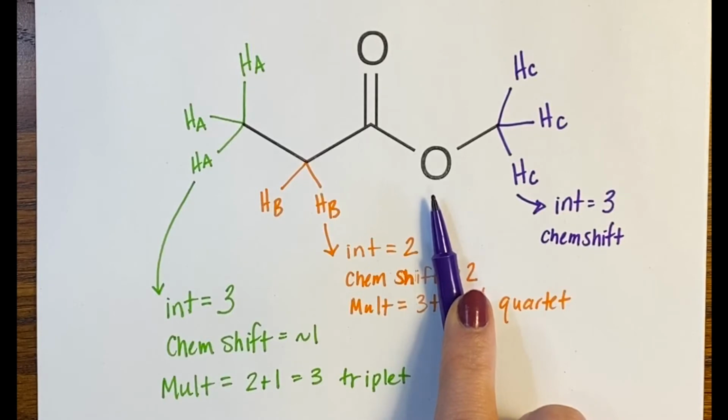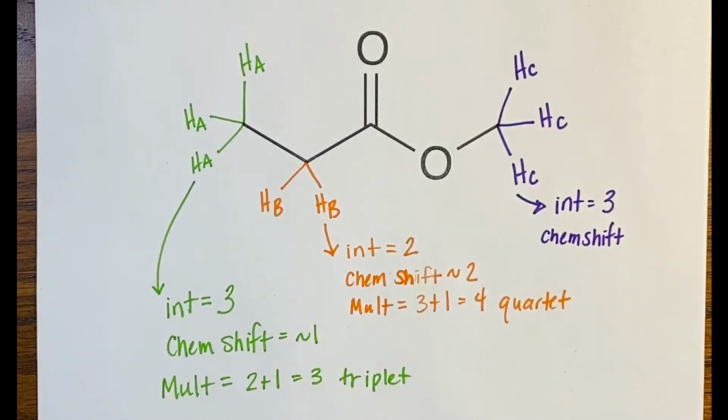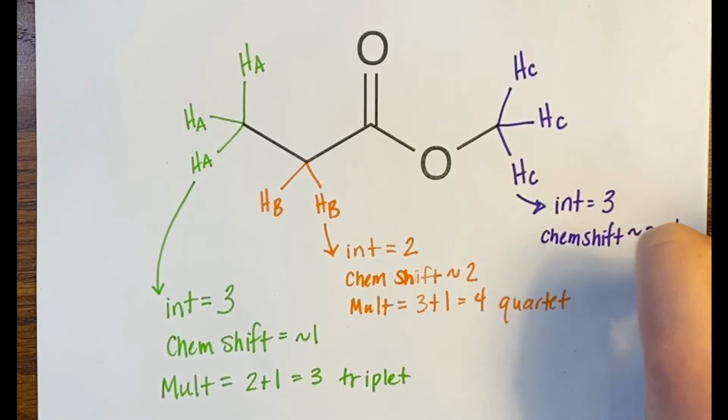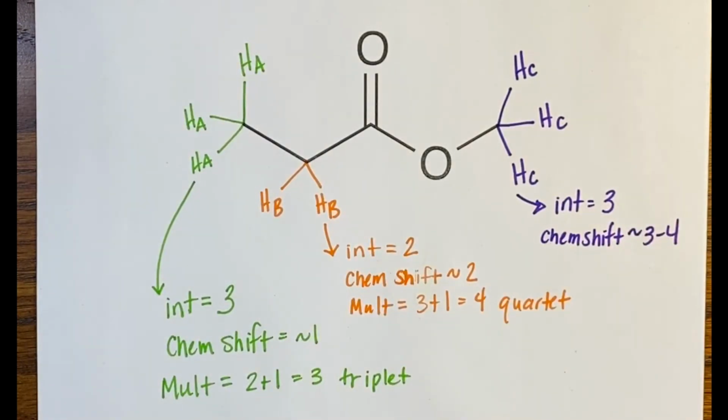So that means that these protons are going to fall in the range of being alpha to an electronegative atom, between about 2.5 and 4.5. So I'm going to identify my chemical shift as being between about 3 and 4. Usually protons that are bonded to a carbon that also has an oxygen fall right around 4.